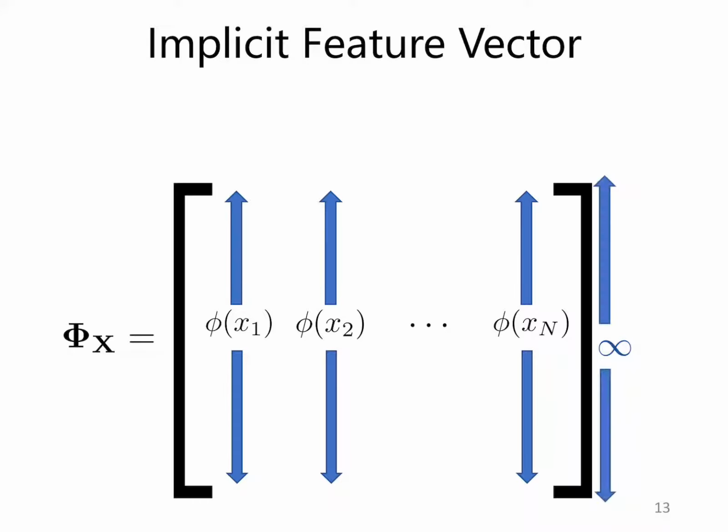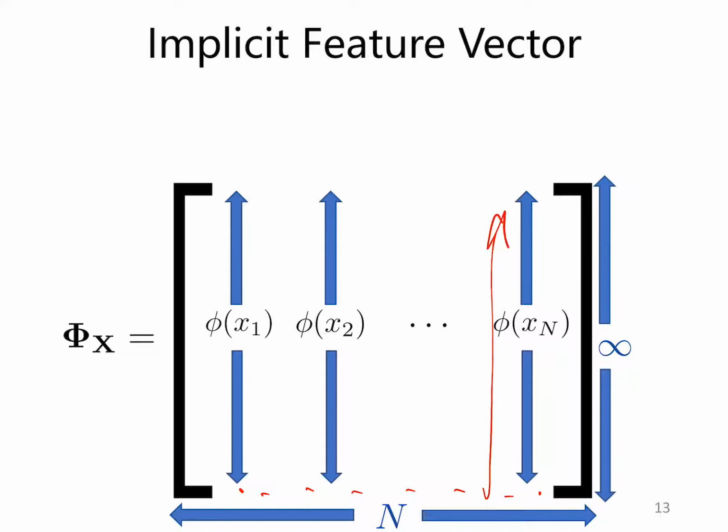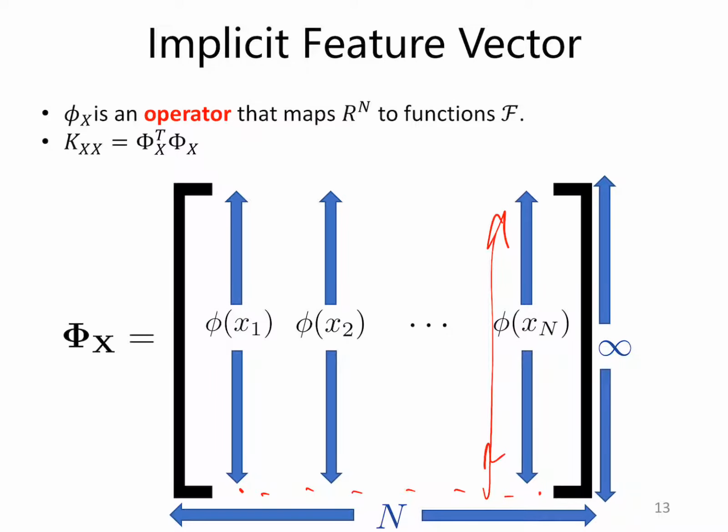So the phi, intuitively speaking, you can think of it as a space of all of these functions. You have as many samples as you have in your data set, and you have an infinite dimensional object that fills this phi. More mathematically speaking, you can think of phi as an operator that maps a data set and produces a function for you. And the kernel matrix is the inner product between that.